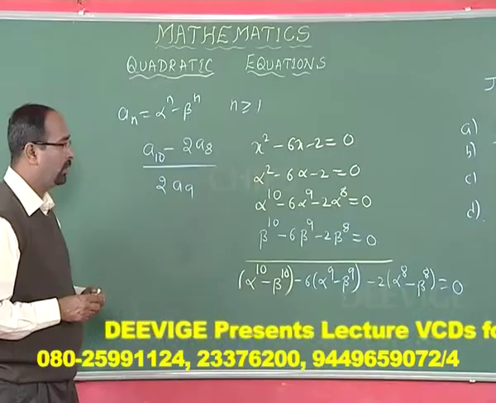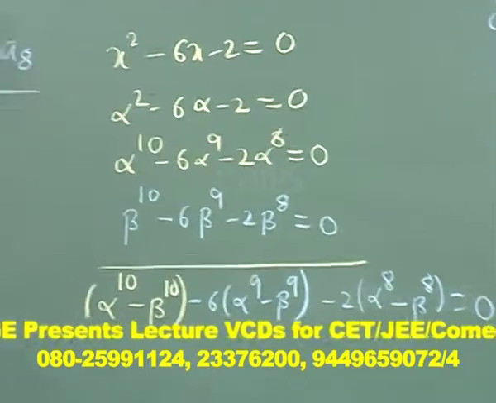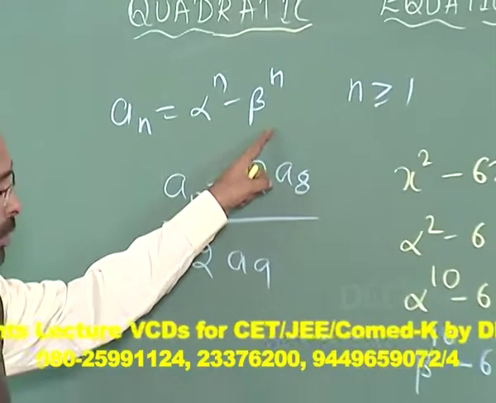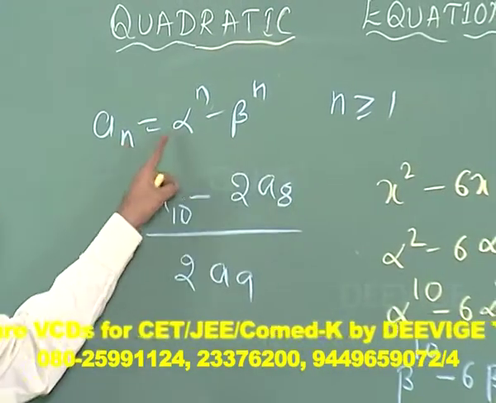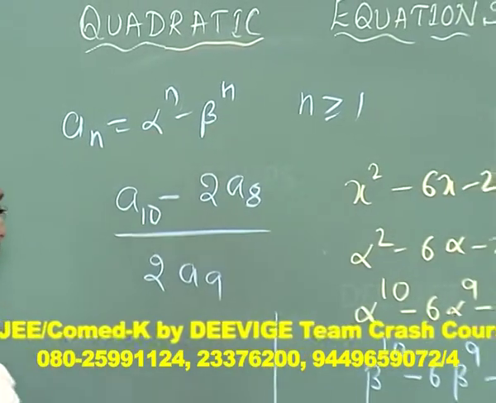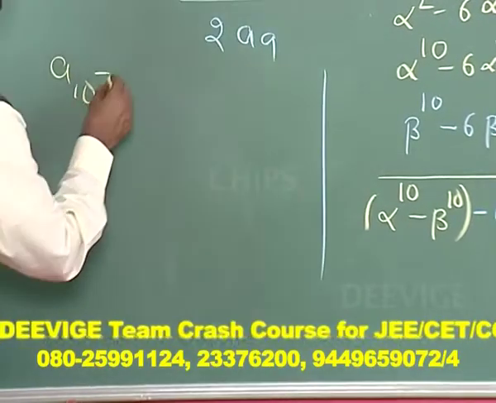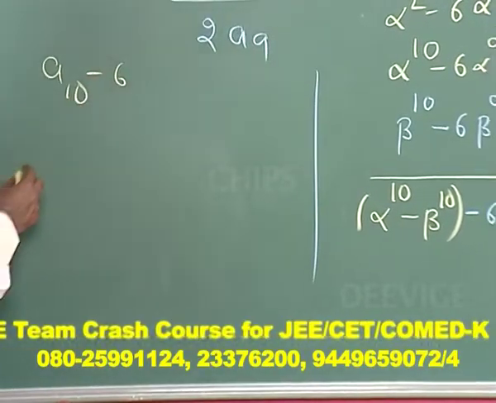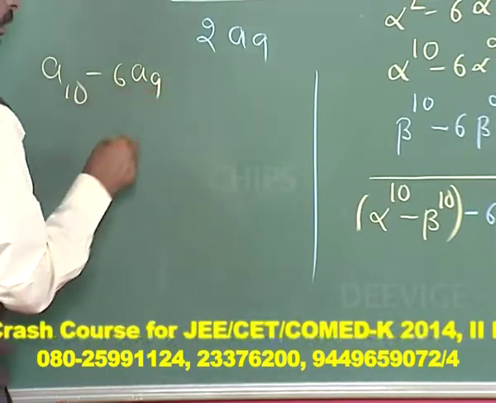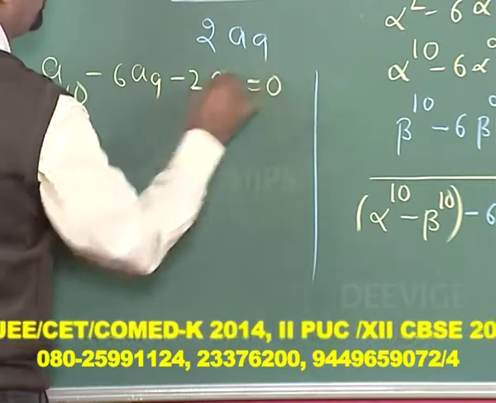You can observe one thing, an is alpha power n minus beta power n. So, a10 must be alpha power 10 minus beta power 10. So, I can write this as a10 minus 6 times a9 minus 2 times a8 is equal to 0.